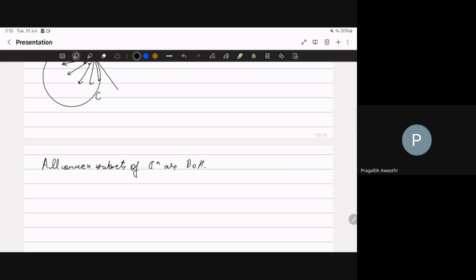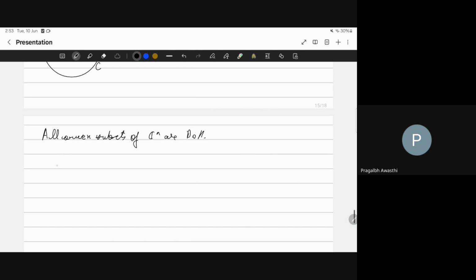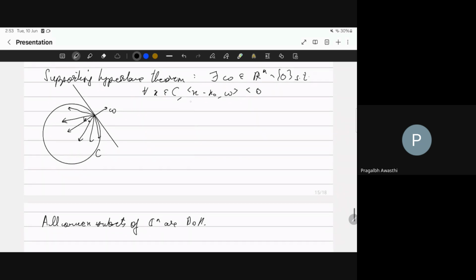So why would that be the case? Well, consider the point. First of all, let's see how to write this dot product. This was a real dot product, and what we are interested in is the real dot product being negative, because any subset C in Cn can be considered as a subset of R2n, but the dot product that we will be interested in is this real dot product.